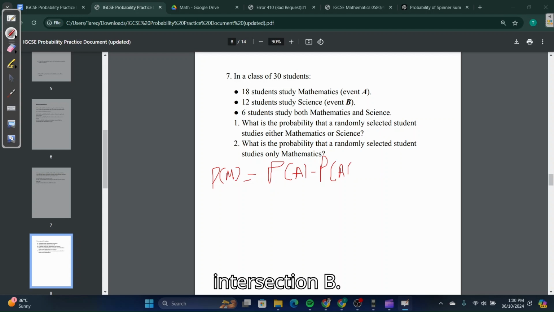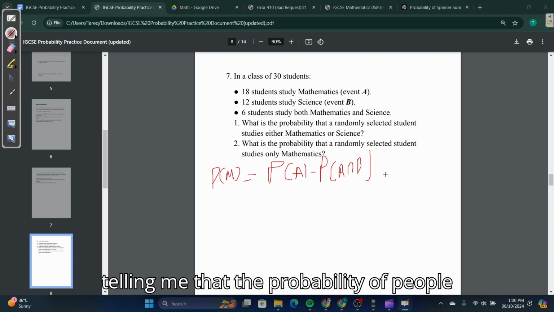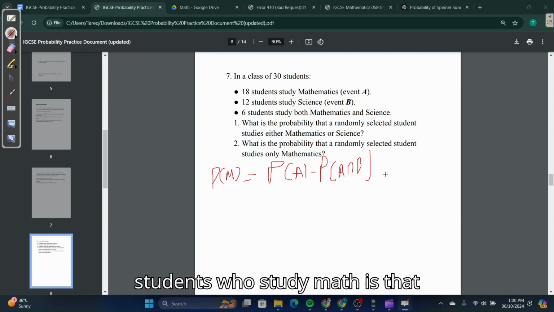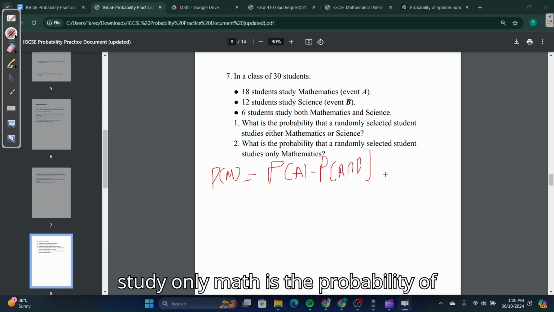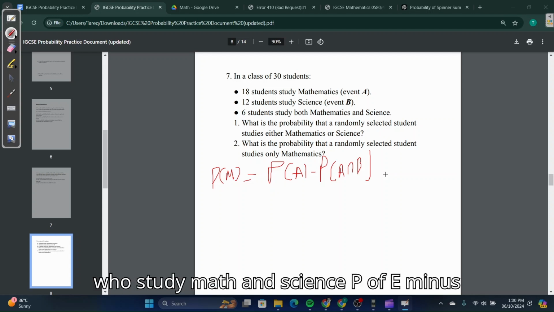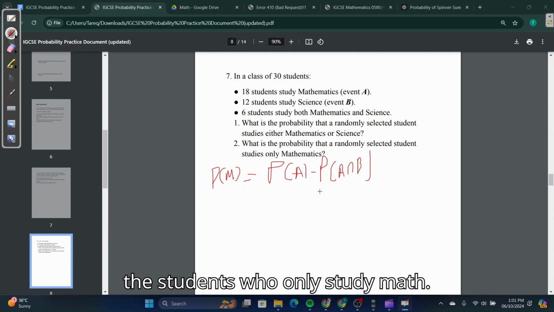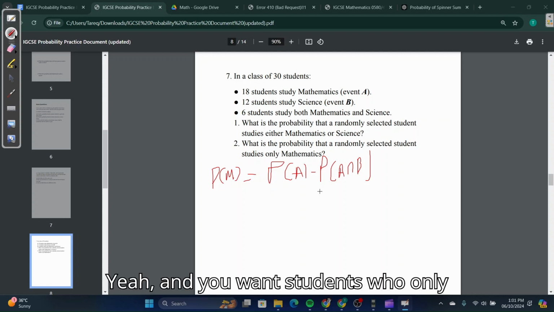What this is telling me is that the probability of students who study only math is the probability of students who study math in general, which includes the students who study math and science, P of A, minus the students who study both, because you want to filter out the students who only study math.